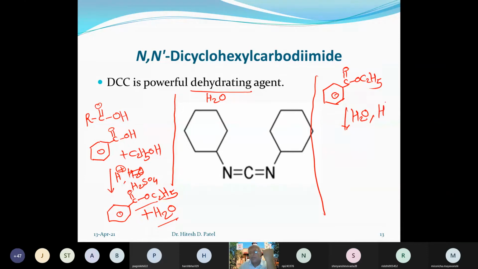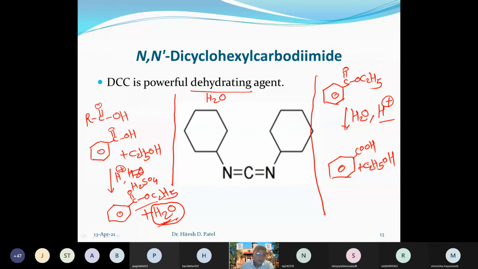Normally hydrolysis of an ester can be carried out in both acidic and basic conditions. Here we have taken acidic condition, and we get benzoic acid plus C2H5OH. So when synthesizing the ester, benzoic acid and ethanol react in the presence of sulfuric acid, but water forms as a byproduct.